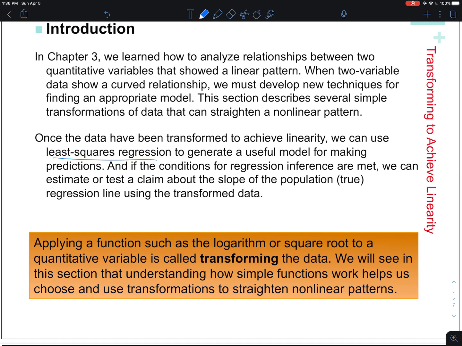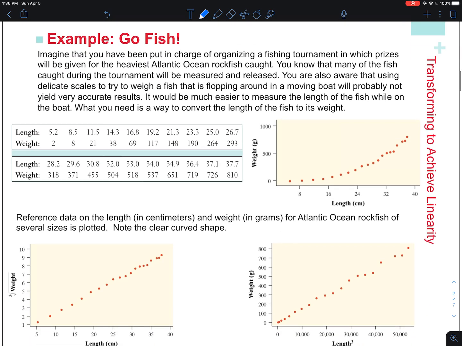So this idea of taking data and applying such a function like a logarithm, square root, power, whatever it happens to be, that's called transforming the data. And we'll take a look at how that works. Basically, we're trying to take nonlinear data and straighten it out.